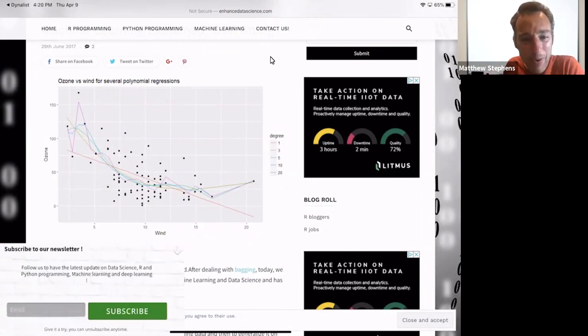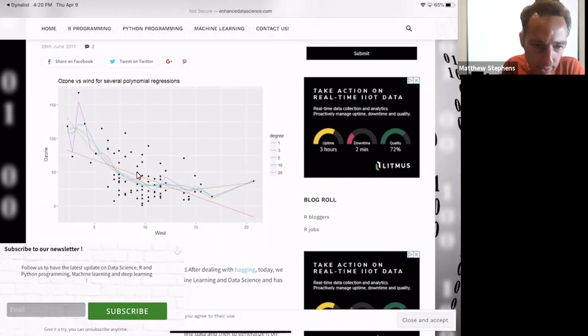The least flexible line, the simplest model, is this linear line here, the red one, the degree 1 polynomial. Then this line is the next simplest, a degree 3 polynomial, and you can see it's kind of smooth.